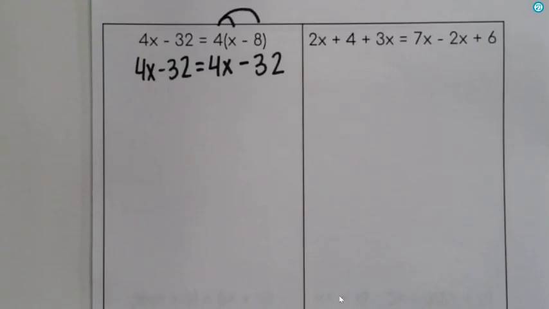From here, the next thing that we are always going to do, once you get each side of your equation simplified, is work with our x's. Don't work with the constants yet, work with the x's first. Our first goal is always to get the x's on one side of the equation. So I'm going to start by subtracting 4x from both sides of the equation.